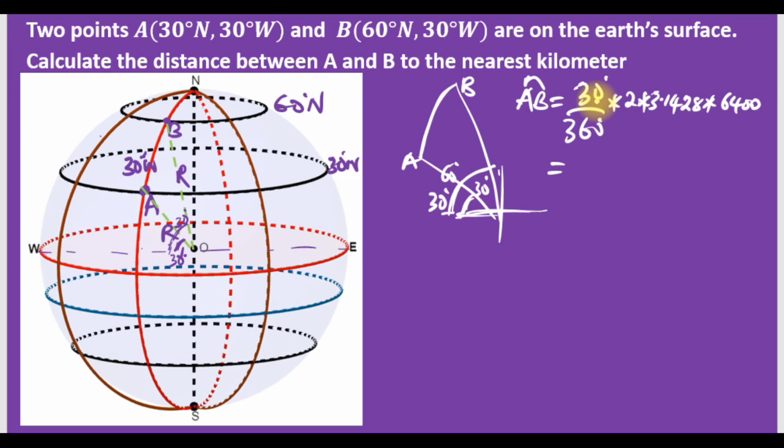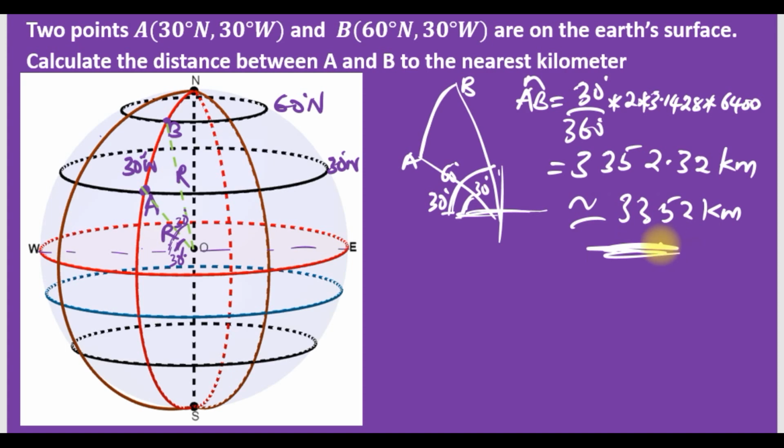So if you multiply 30 times 2 times 3.142 times 6,400, divided by 360, the answer is 3,352.32 kilometers, which is approximately 3,352 kilometers, because they say to the nearest kilometer.